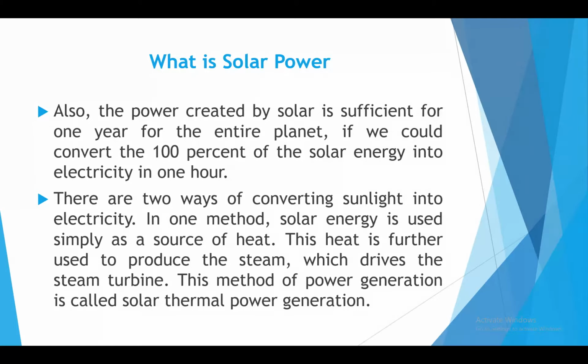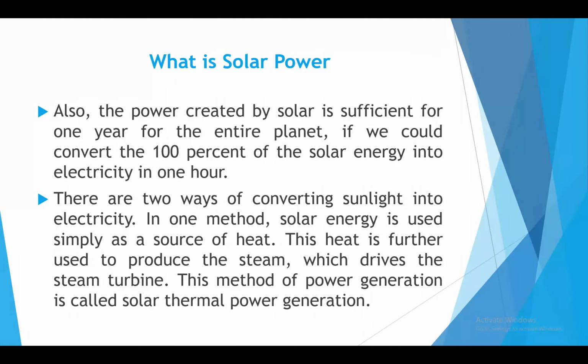If we had the ability to convert the solar energy into electrical energy for 1 hour with 100% efficiency, it would be sufficient for 1 year and for the entire planet. So that's why solar power, or solar generation, is so important.